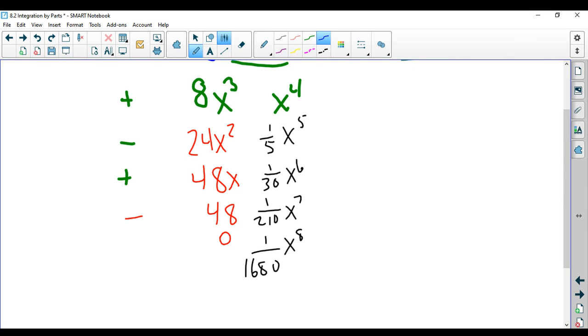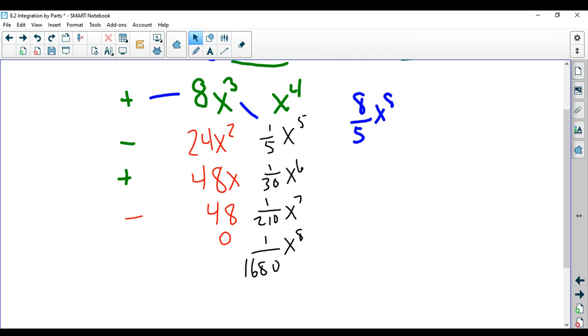Here we go. So the solution to this integral is 8x cubed times x to the 5th. I always do this. I'm going to run out of space.